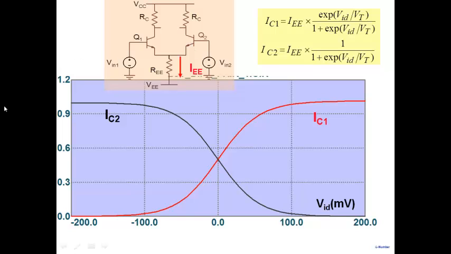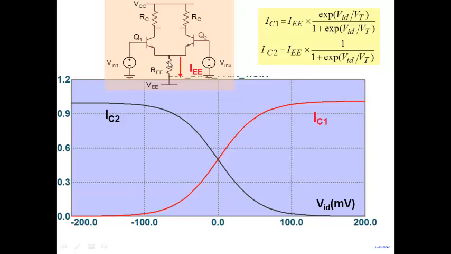On the other hand, if I make Vin1 less than Vin2, which means VID is negative, now IC2 starts increasing and IC1 starts decreasing. This current now starts flowing more and more through Q2 and not through Q1. And if you apply a large enough negative voltage, the entire current IE shifts to Q2 and nothing flows through Q1.